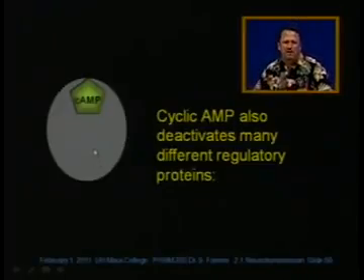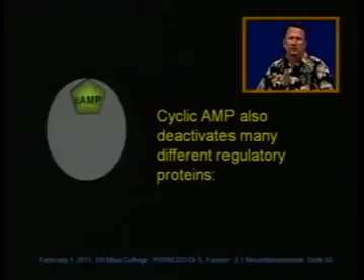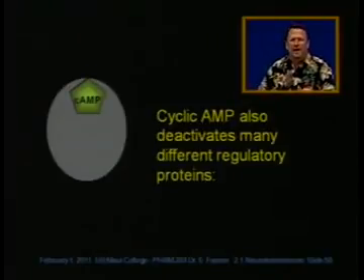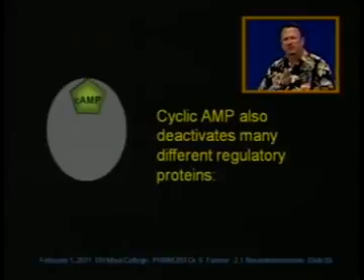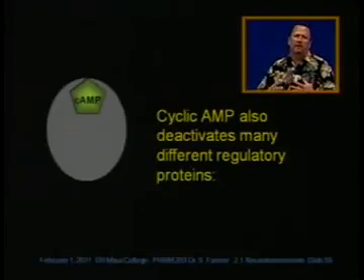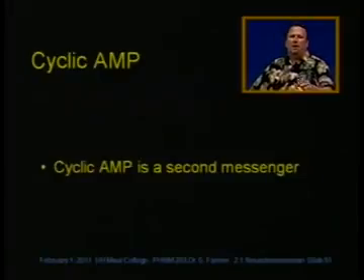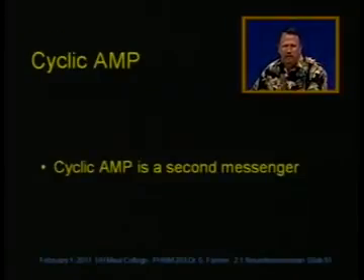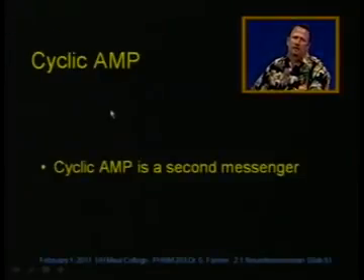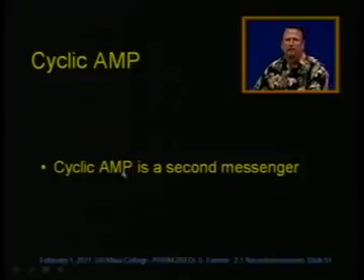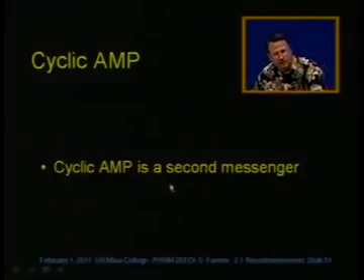So when we open an ion channel, it was real simple. We caused a voltage change across the membrane, and when we stopped doing that, the voltage change stopped. However, when we activate a second messenger system, we can cause all sorts of metabolic changes to occur. And for those of you completely lost, just try to remember that cyclic AMP is made from ATP, and cyclic AMP is a second messenger.